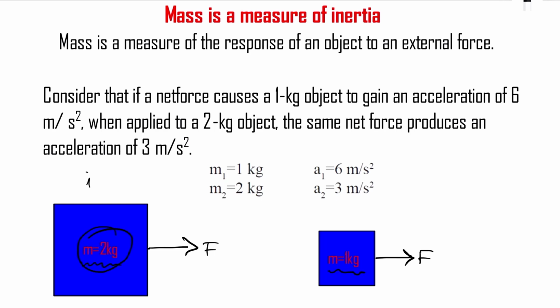The first object has 2 kilograms, so its inertia will be more, and the second has a 1 kilogram object, so its inertia will be less.